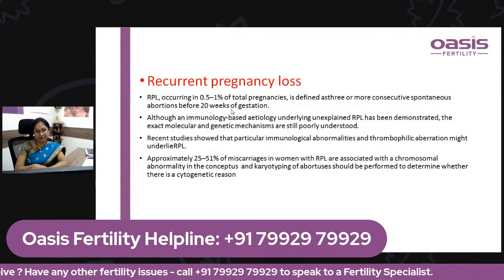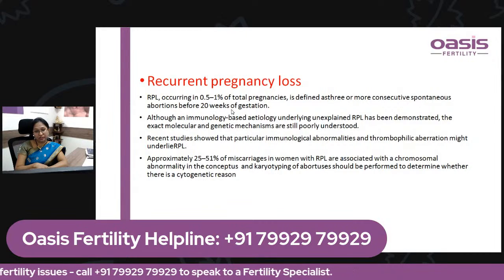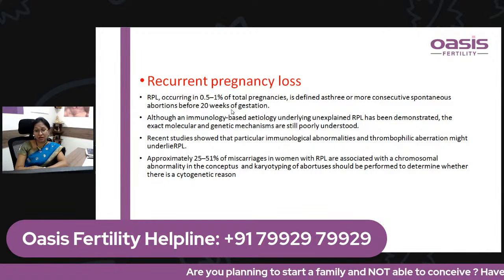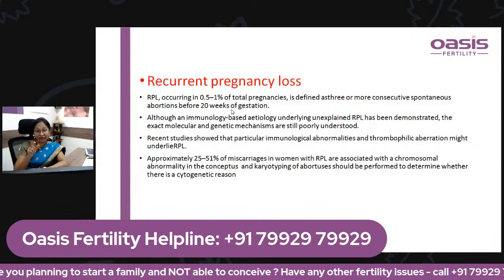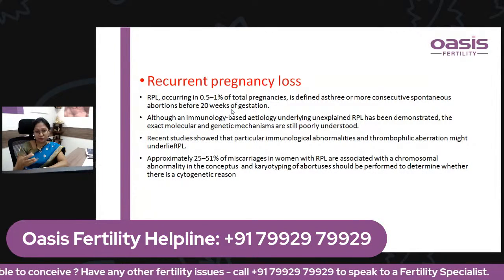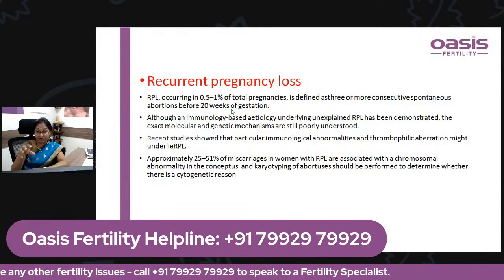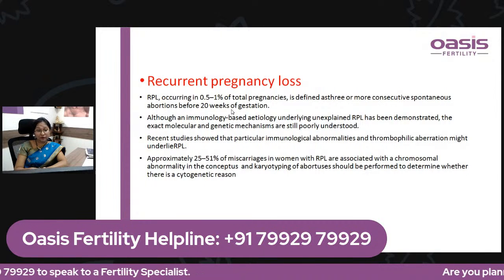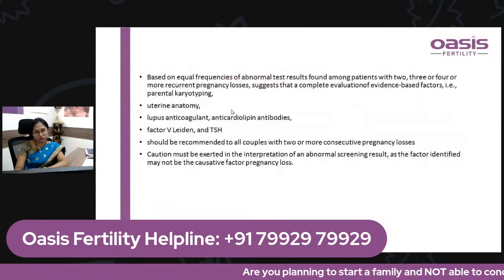Mostly, what we see is antibody abnormality, and approximately 25 to 51% of miscarriages in women with recurrent pregnancy loss are associated with chromosomal abnormality in the fetus. Karyotyping of the abortus, the products of conception, whichever is getting aborted, should be performed to determine whether there is a cytogenetic reason for the recurrent pregnancy loss.